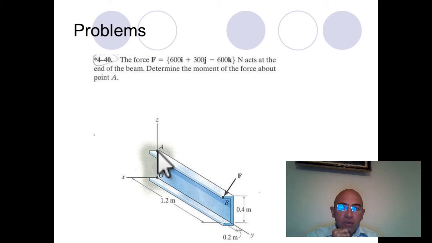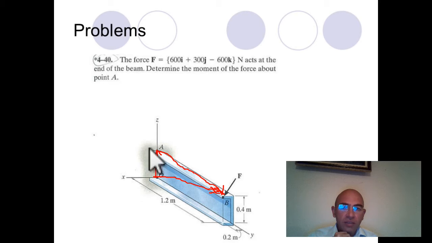So what we need to do is determine the relative position vector of point B with respect to point A. In order to do that, first we need to calculate the position vector of point A and then point B. Now the coordinate system is given.